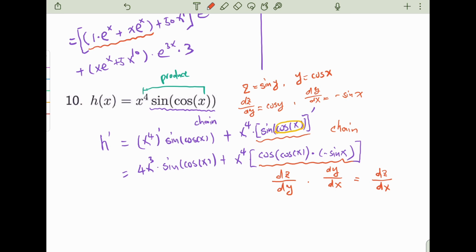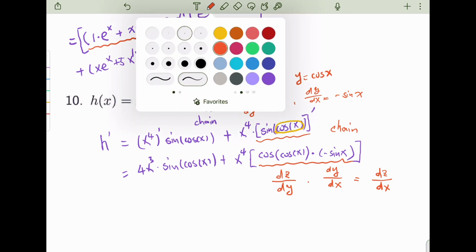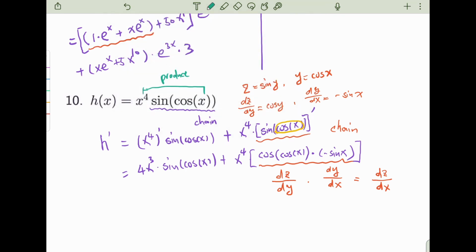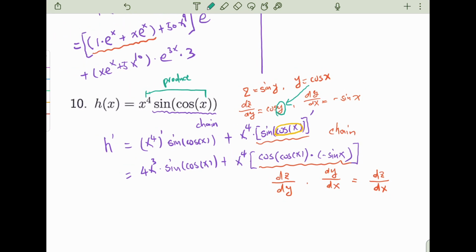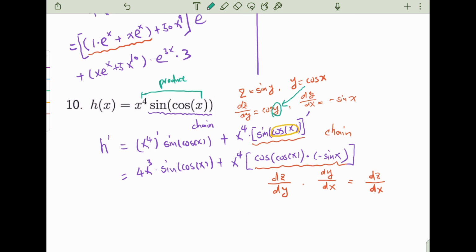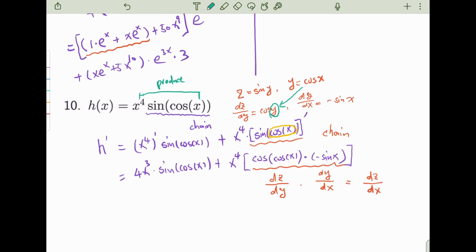So try practice more until you're comfortable seeing this thing. And also this y, right, this here, should be replaced by this expression. That is why we have this cos of cos x here. I hope that is not too confusing. If it really is, no worry, we will go over some more expressions so that you will be more comfortable with this. So that is our question 10.